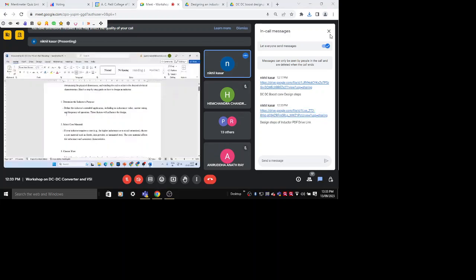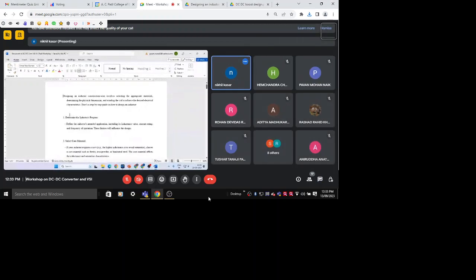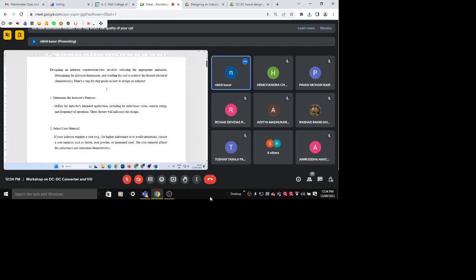So, these are the different steps of what is the requirement, rating, that is a very fundamental requirement. Core materials such as ferrite, steel, okay, to affect your size.